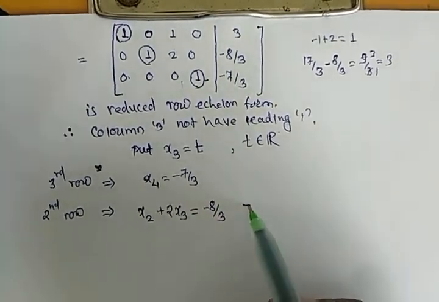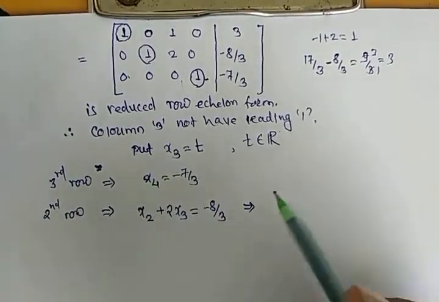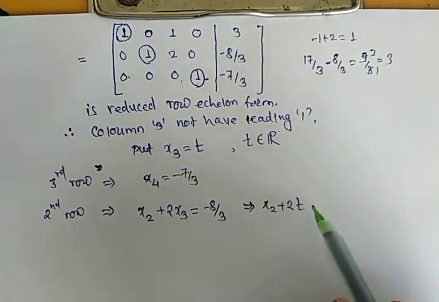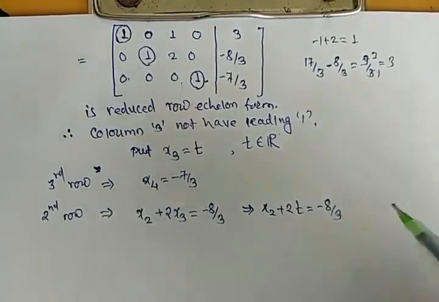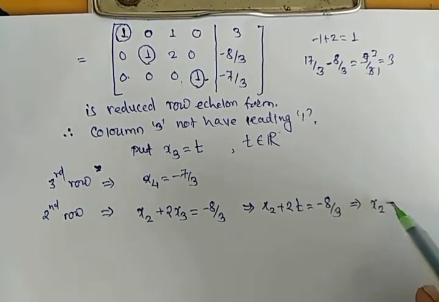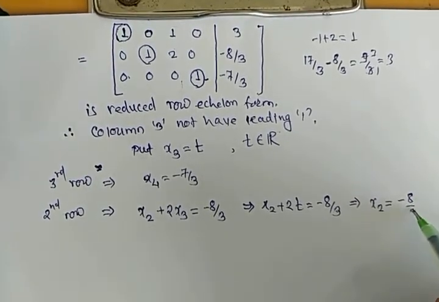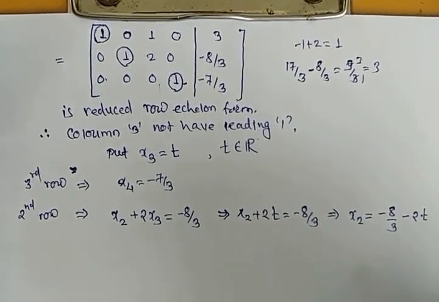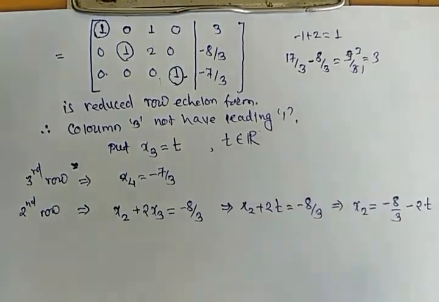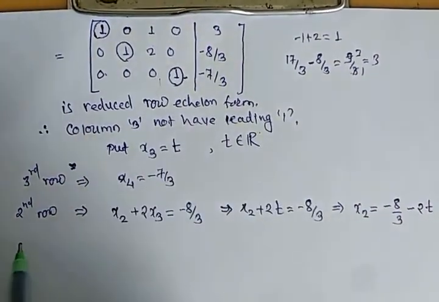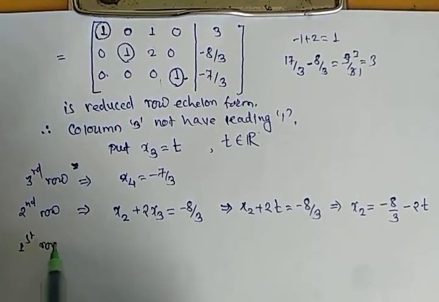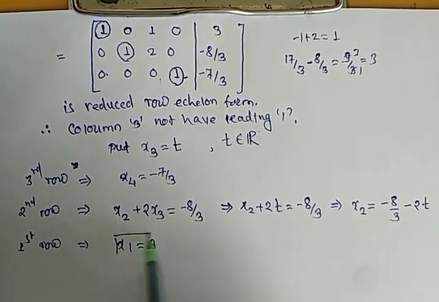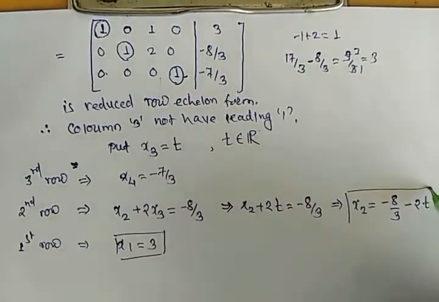So we can write x2 plus twice t, because x3 is equal to t, equals minus 8 upon 3, which gives x2 is equal to minus 8 upon 3 minus twice t. And from the first row we get x1, which is our required solution.